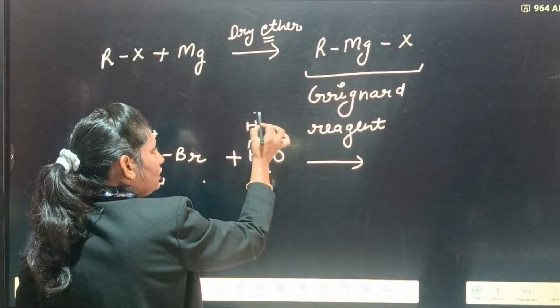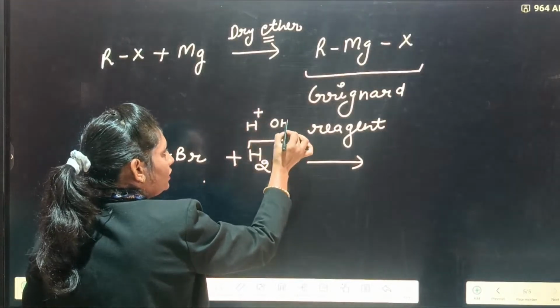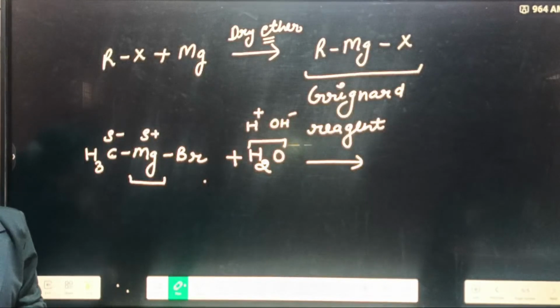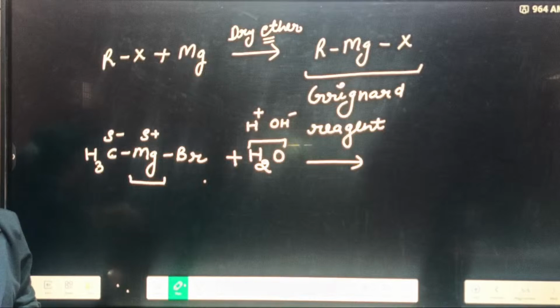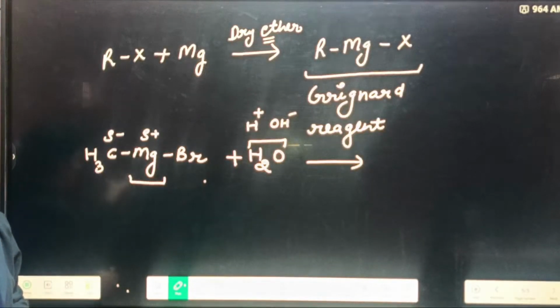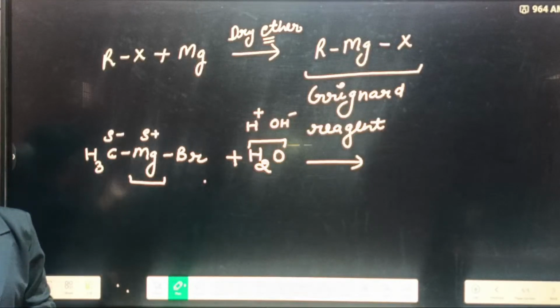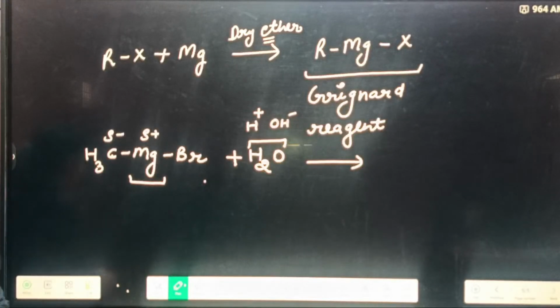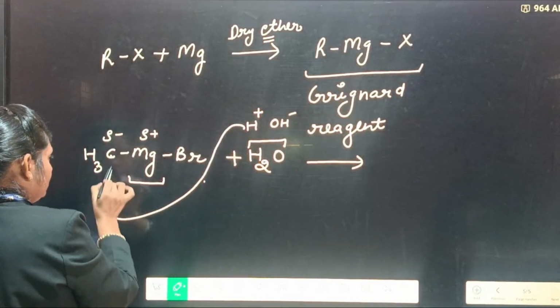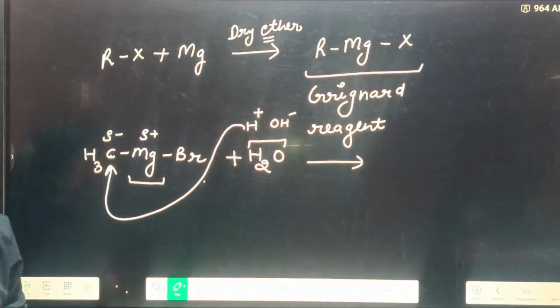You will break the water also: H positive, OH negative. You will do the reaction in a simple way by electrostatic force of attraction only, meaning you will interact positive with negative and negative with positive. Then this positive will be attracted by negative.